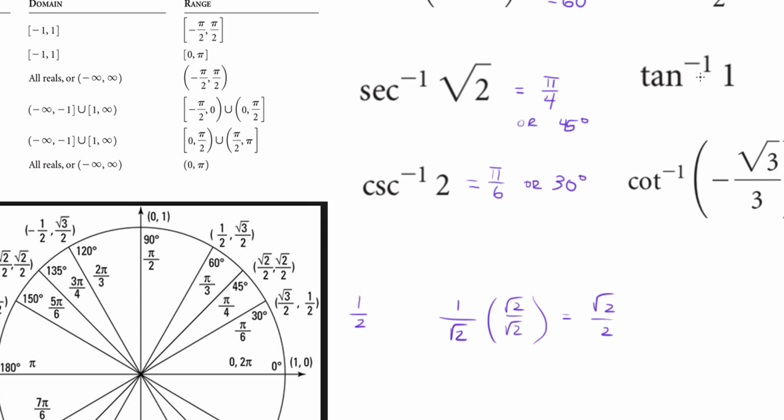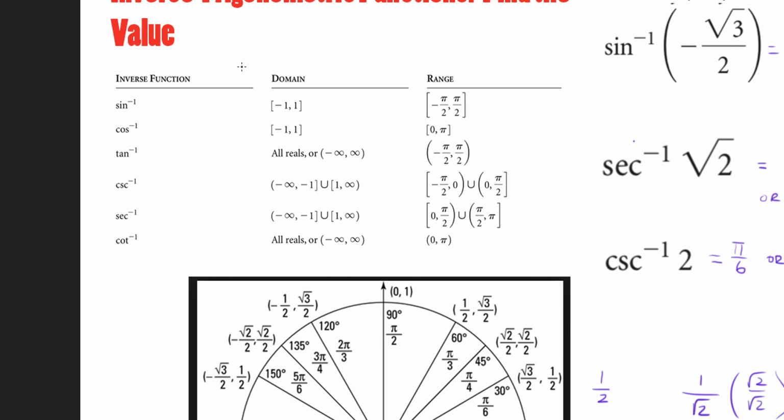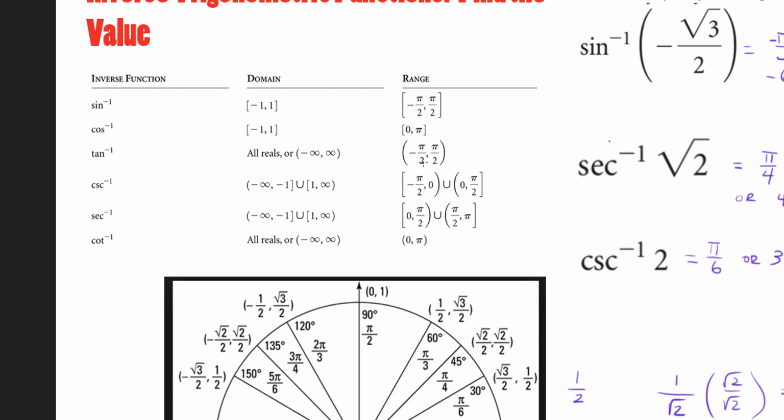Tangent inverse of 1. Now, where is tangent of an angle equal to 1? Well, when both x and y are the same and they're both positive. Now tangent also has a range. The range of tangent inverse is going to be from negative pi over 2 to pi over 2, not including the endpoints.